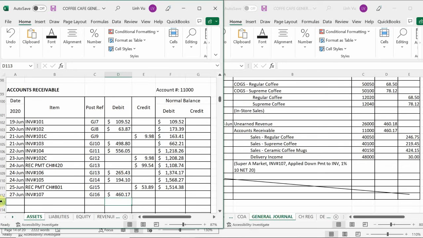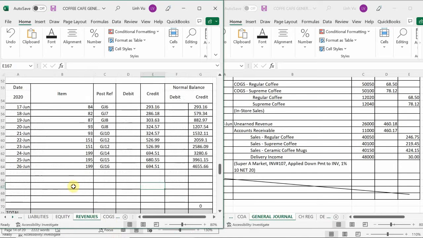Okay. That's going to give me a total of $1974.55. Yeah. Okay. I got the same thing. Good. So then we're going to go ahead and update my sales.